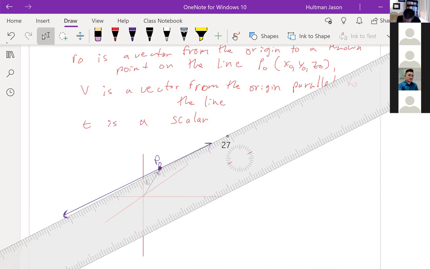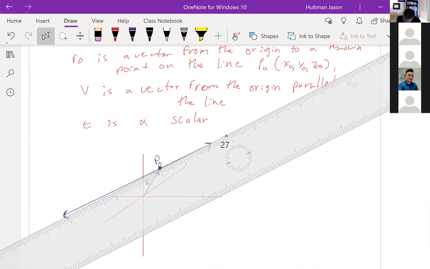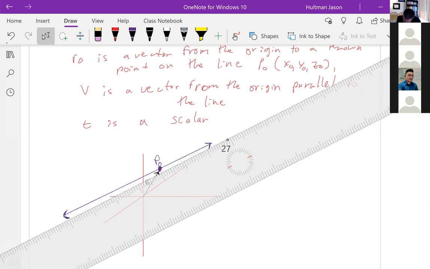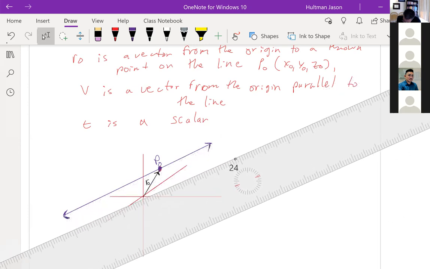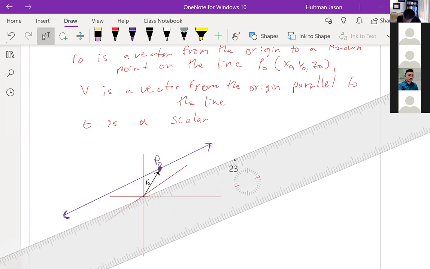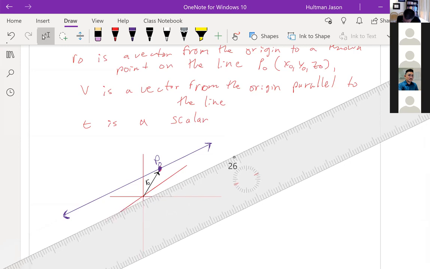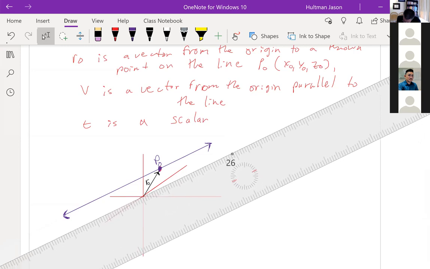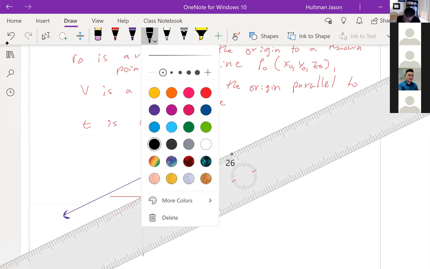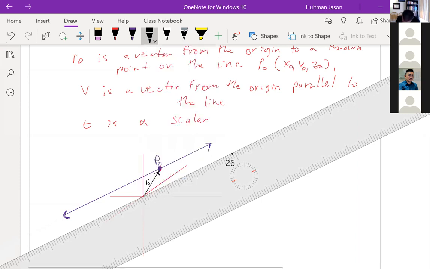This is going to be V. This was 26 degrees, so from the origin, 26 degrees, and we need it parallel.